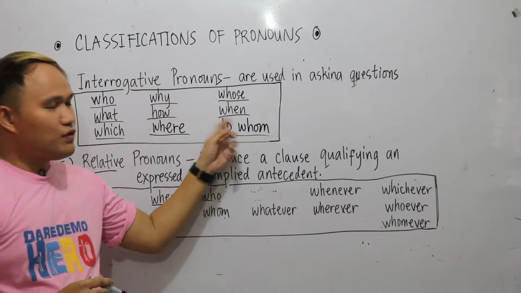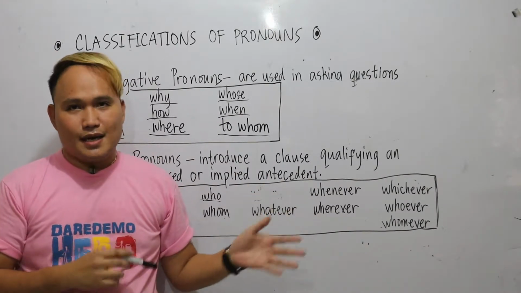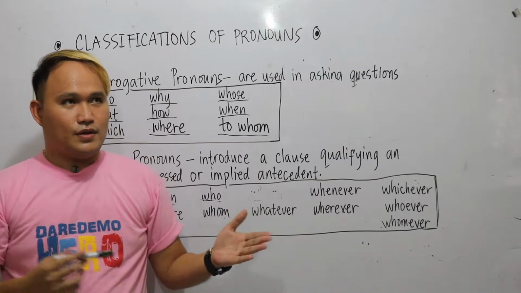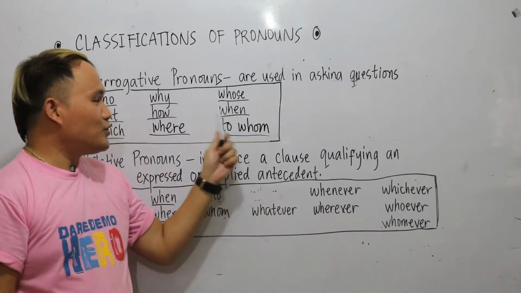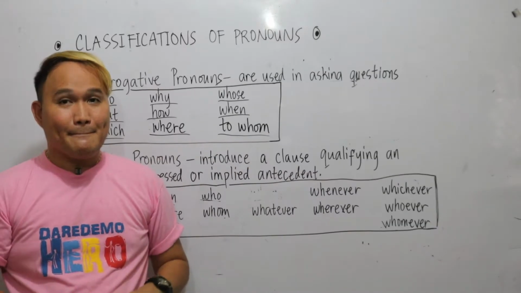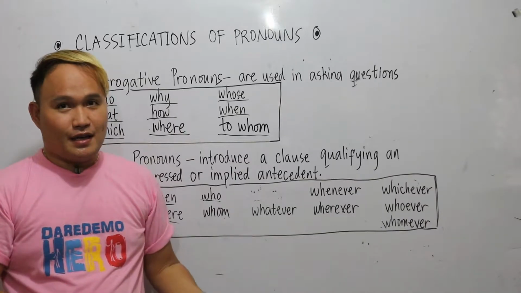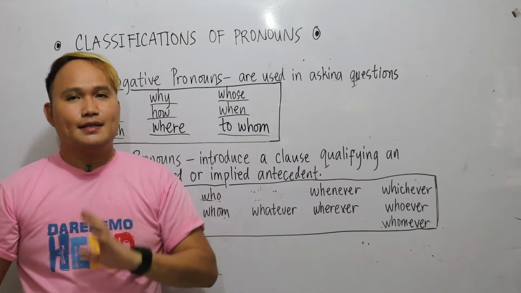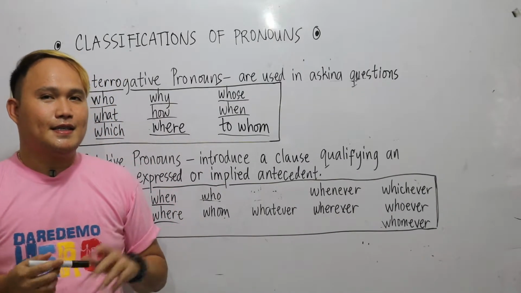When, of course, denotes a certain time, date, or day. Anyone who can give me an example of how to use when? Very good. You can ask, when is your birthday? You can answer, my birthday is on September 9.